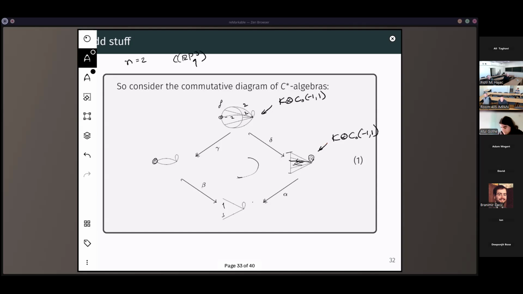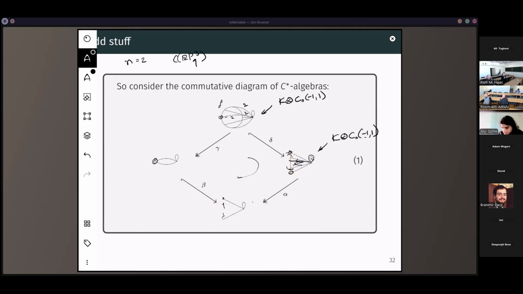Again, we embed these two points inside the endpoints, and whatever is left, this middle part, which is just (-1, 1), the kernel just becomes compact tensor whatever is left outside, which is compact tensor C0 on the open interval (-1, 1).